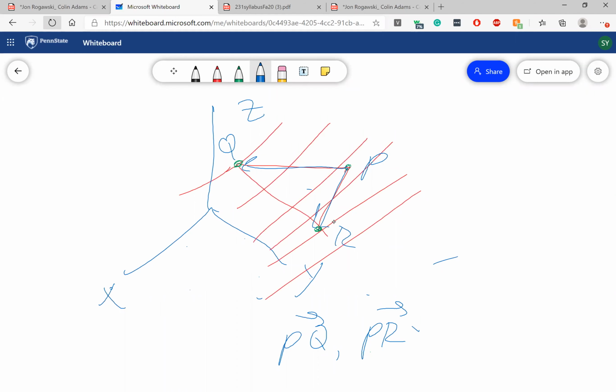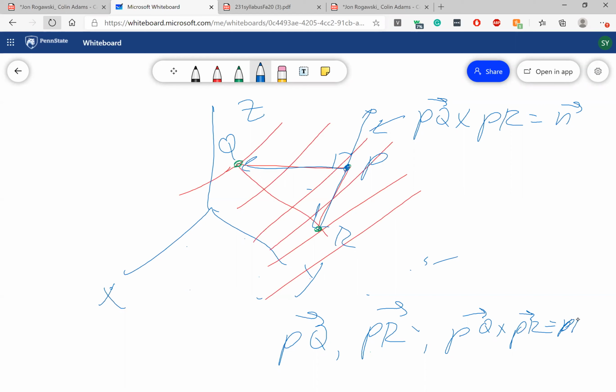Now, in order to find the normal vector, we just have to find a vector normal to both of these two vectors, and that's going to be the cross product. So this is PQ cross PR, and this is the normal vector.